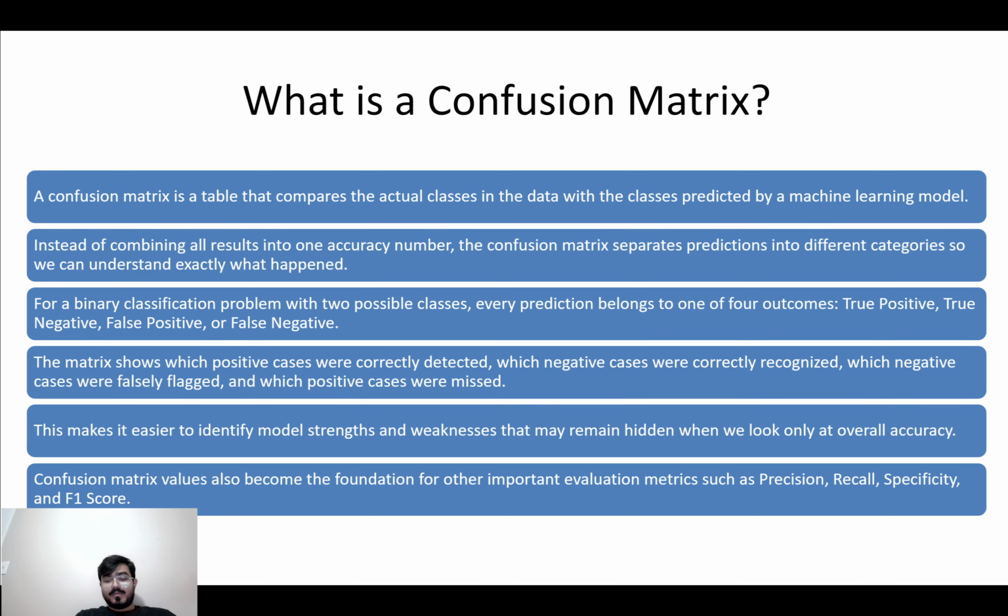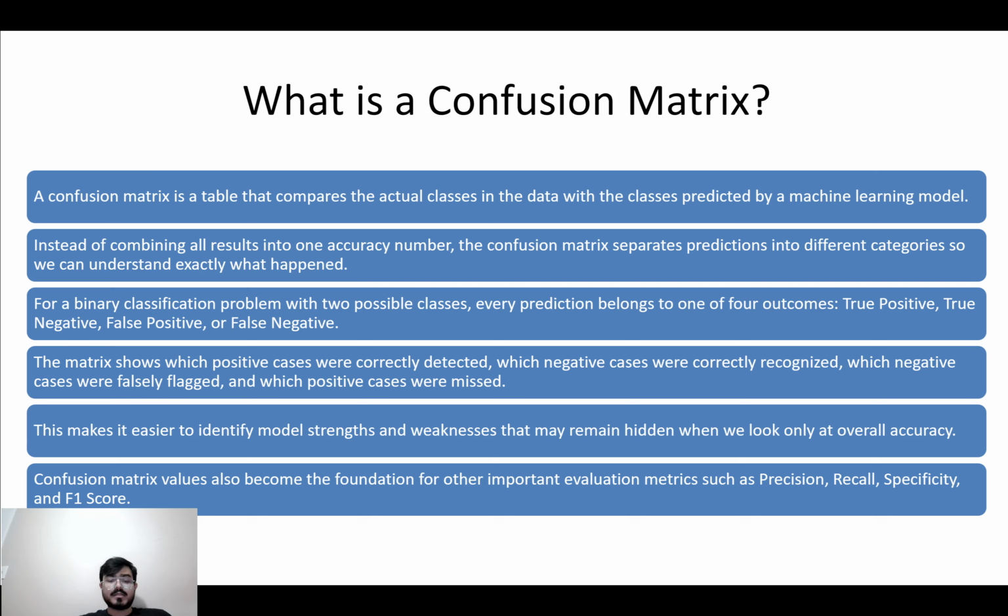Some represent correct predictions, while others represent mistakes that may have different consequences depending on the application. This detailed information helps us understand the model much better than accuracy alone. It also becomes the foundation for several important evaluation metrics, including precision, recall, specificity, and F1 score, which we will learn in the following videos.